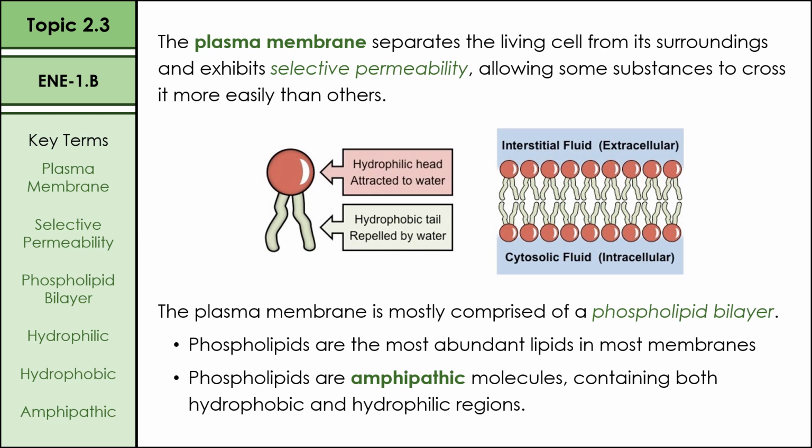So we get them on the inside and we get them on the outside of our cell. Now, in between those hydrophilic heads, we have the fatty acids, those hydrophobic tails. They're protected away from the water on the interior of our phospholipid bilayer.